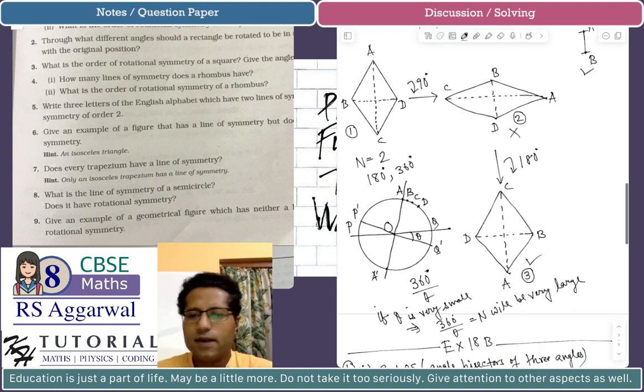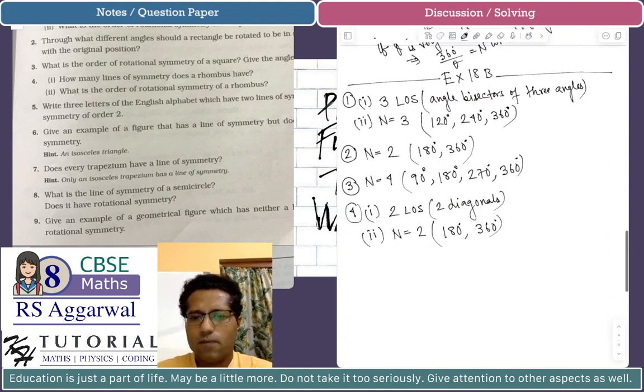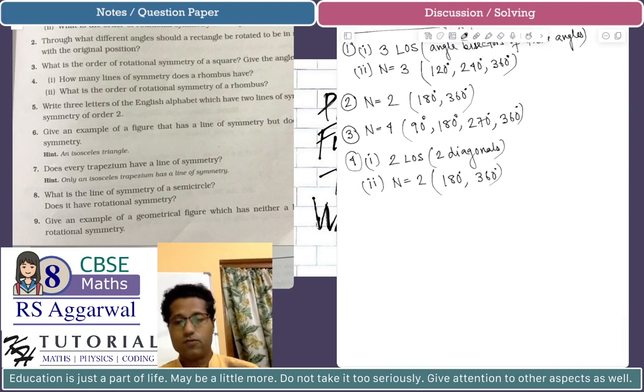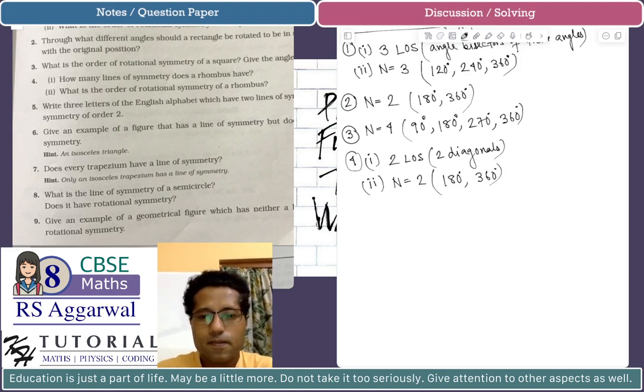Again, if I rotate the rhombus by 360 degree, it will look identical. So for a rhombus, the 2 lines of symmetry are its 2 diagonals, the order of rotational symmetry is 2, and the angles of rotational symmetry are 180 degree and 360 degree.